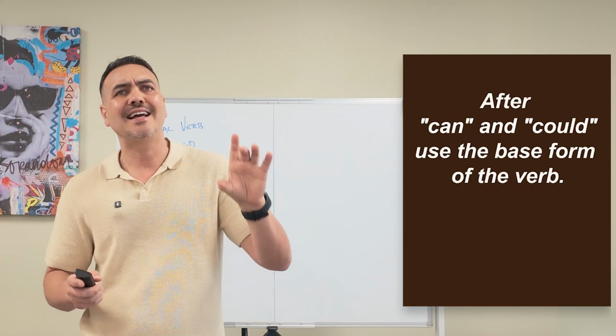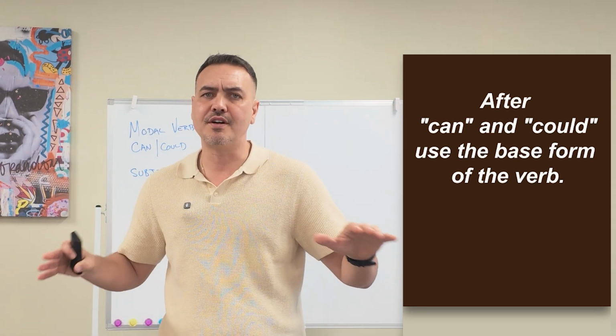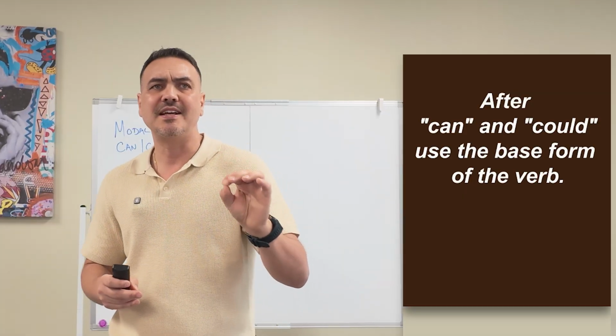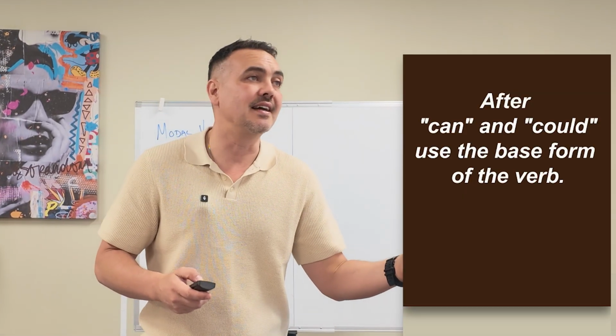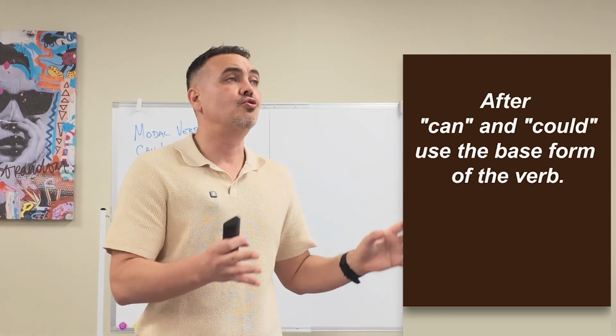And I want you to notice something very important, okay? After can and could, you just use the base form of the verb, okay? You would say, she can speak English. You wouldn't say, she can speaks English. Or you could say, he could drive.